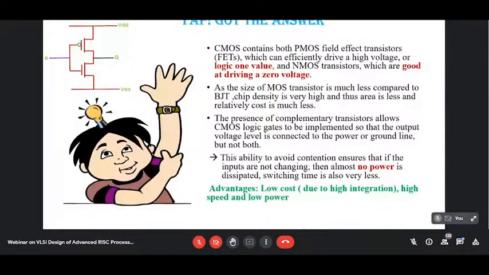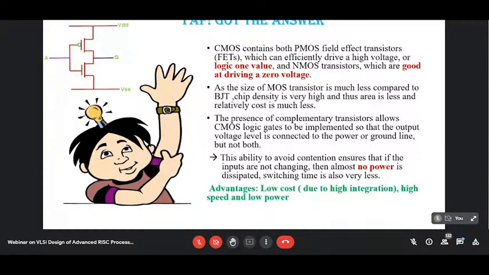Now, on the left-hand side at the top, a circuit has been given. It's a complementary CMOS circuit, which is basically an inverter. So if you give 1 at A, you will get 0 at the output Q, or vice versa. If you see the circuit, there is no resistor, no capacitor, nothing, just two transistors.